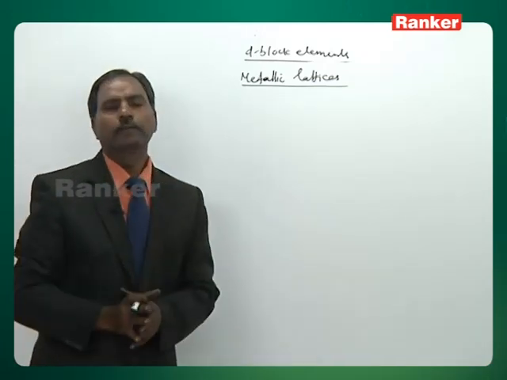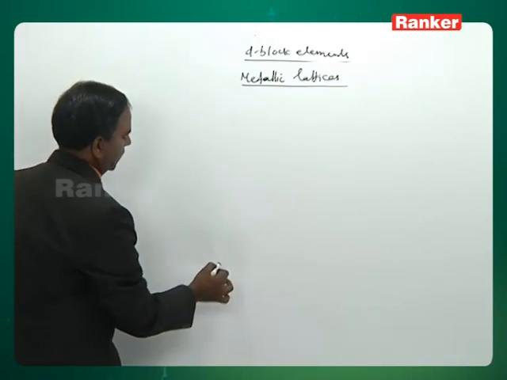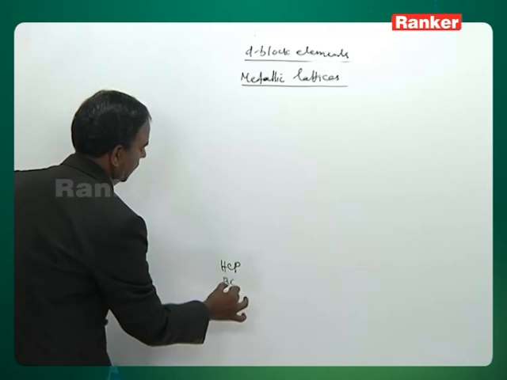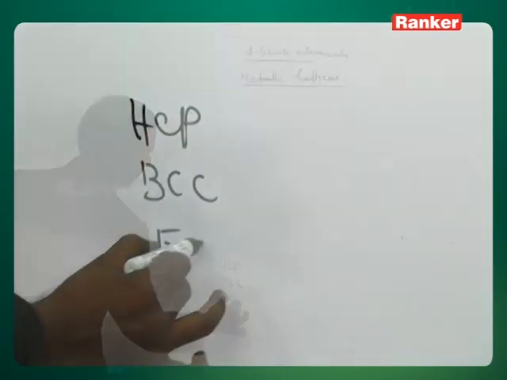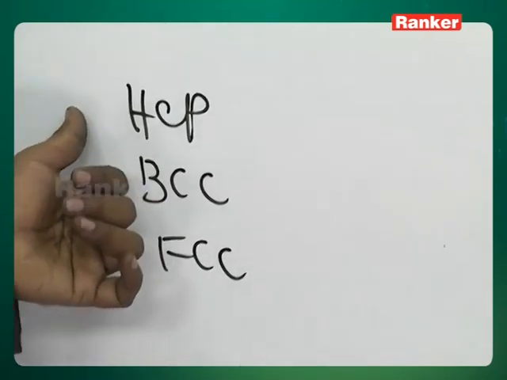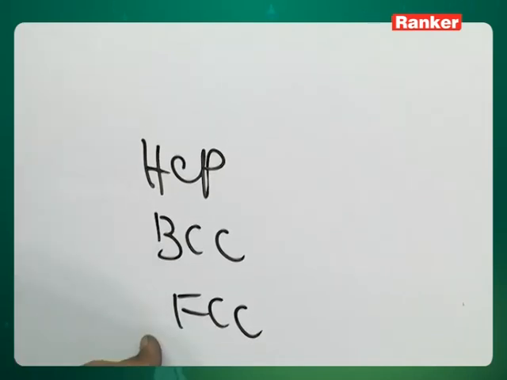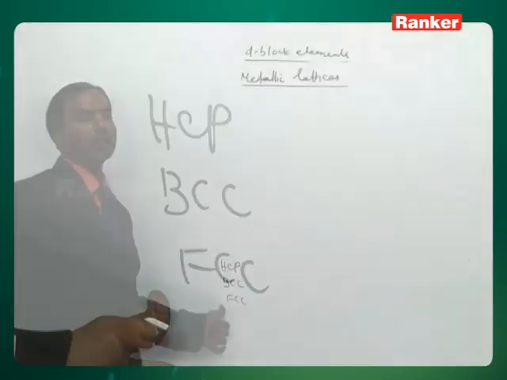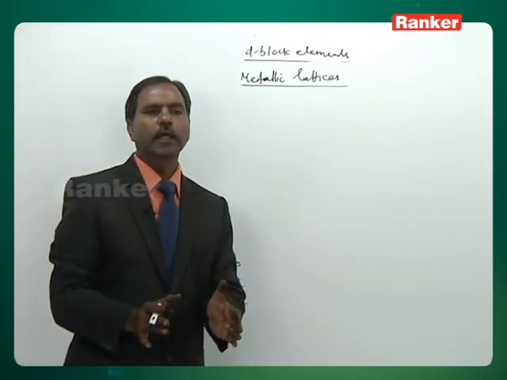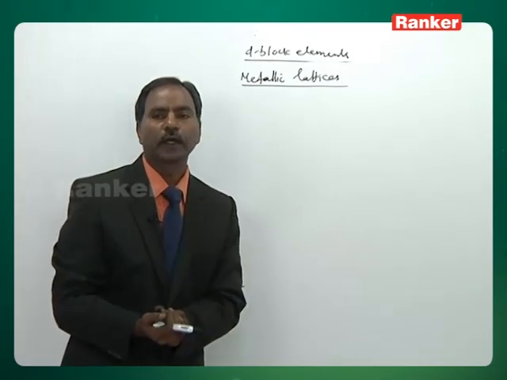Generally any solid or metal possesses one of three metallic lattices: HCP, well known to you, BCC, or FCC. HCP means hexagonal close packing, BCC body centered cubic lattice, and FCC face centered cubic lattice. Questions appear on these metallic lattices.